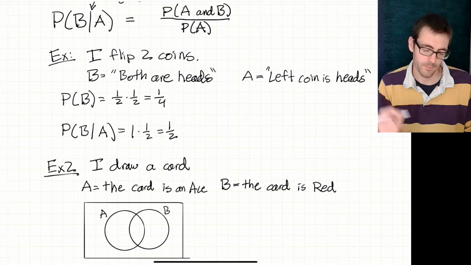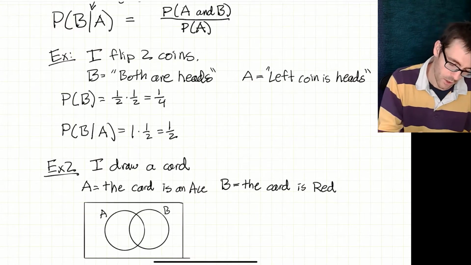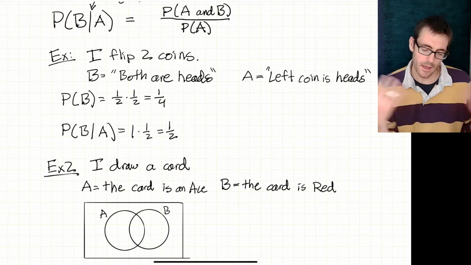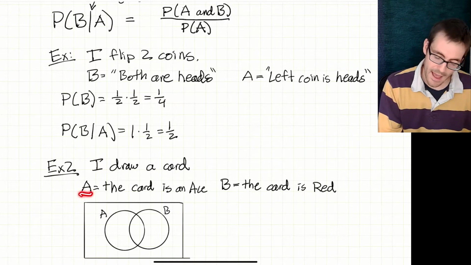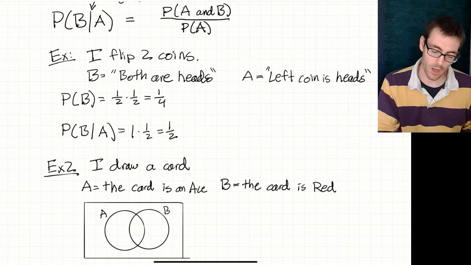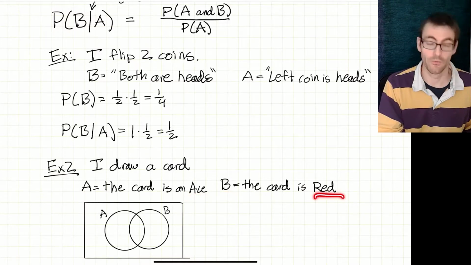Let's do another example. Here, the situation is that I am drawing a card at random. So I've got a standard deck of playing cards, and I draw a card at random, and let's say that A is going to be the event that the card that I draw is an ace. B is the situation where the card is red.